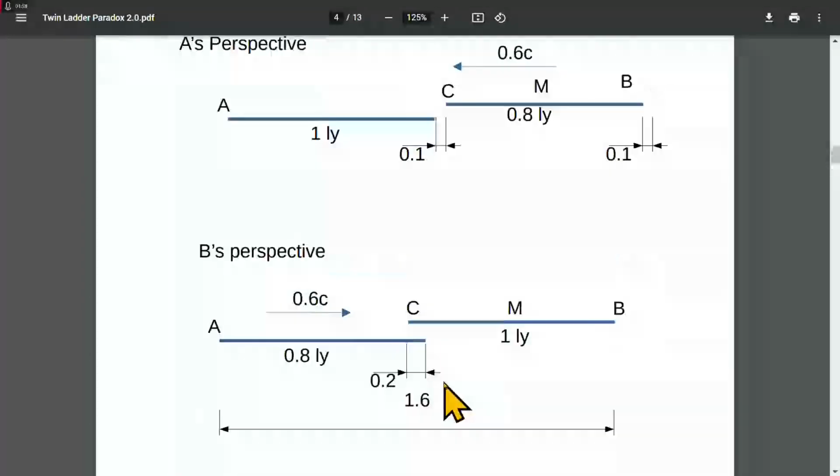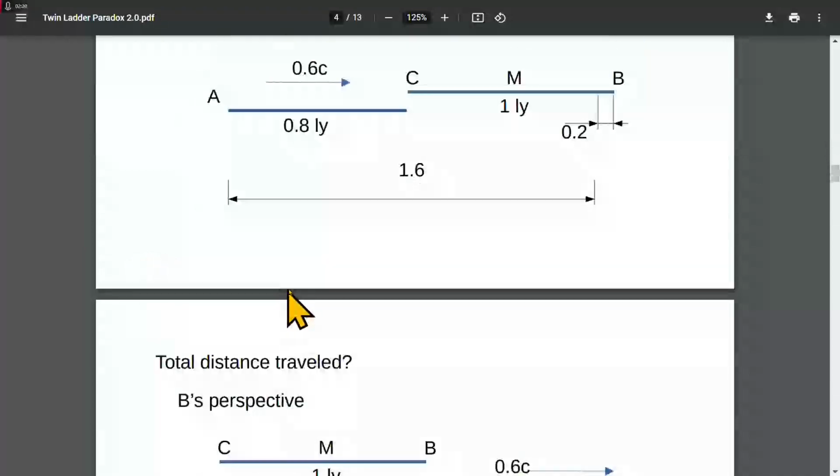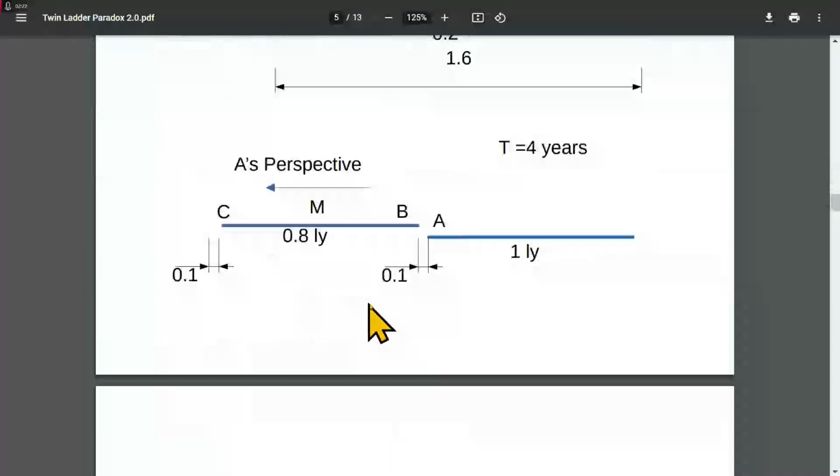Why is that? Because we look at the initial conditions. What does A see at the beginning? A sees a gap of 0.1 light years right here between the two. So when the ship, CBM or whatever we're going to call it, travels 2 light years to the left, because again, A is 1 light year in length, they would again have this gap here. So there's now a gap.